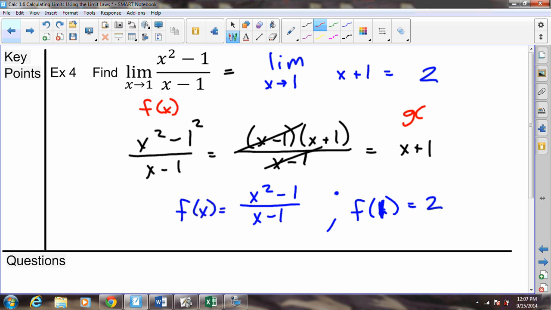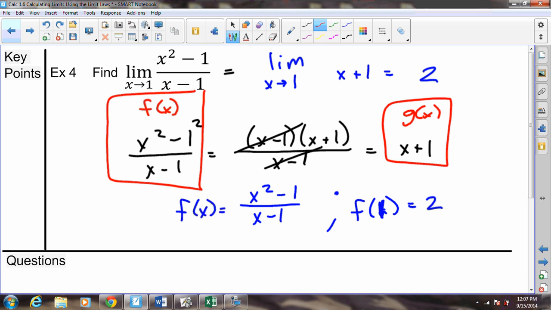This would be our g of x. Are they actually the exact same function? No. They are not exactly the same because f of 1 is undefined, but g of 1 is equal to 2.